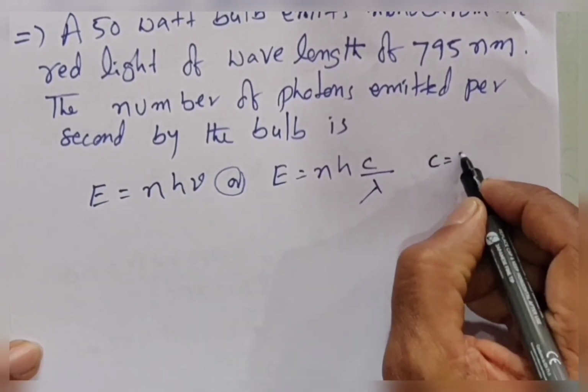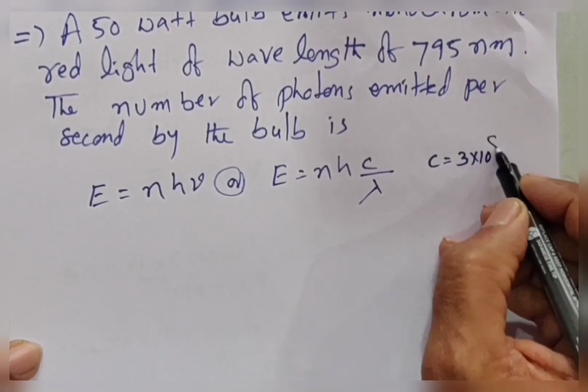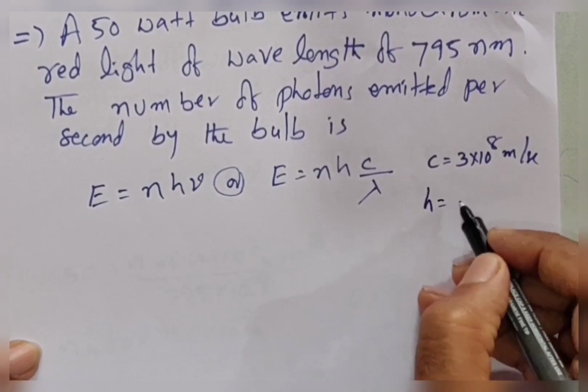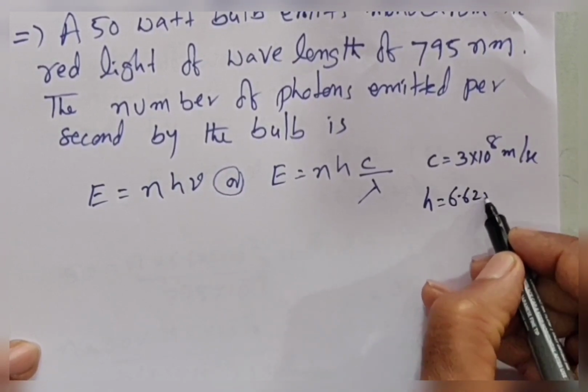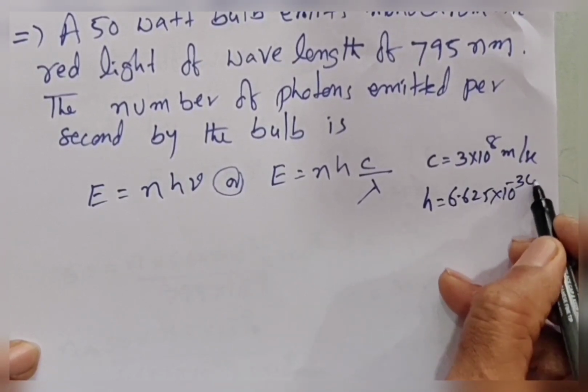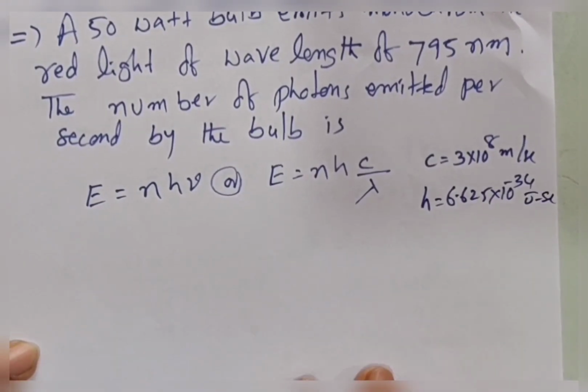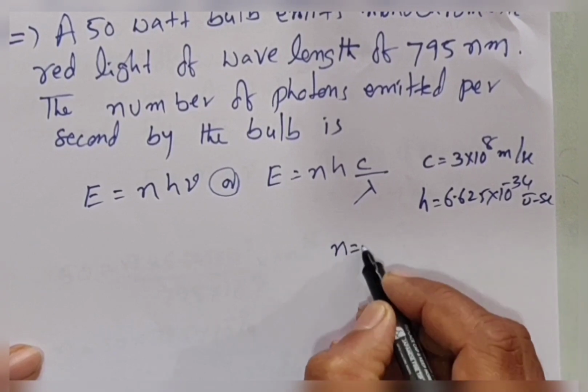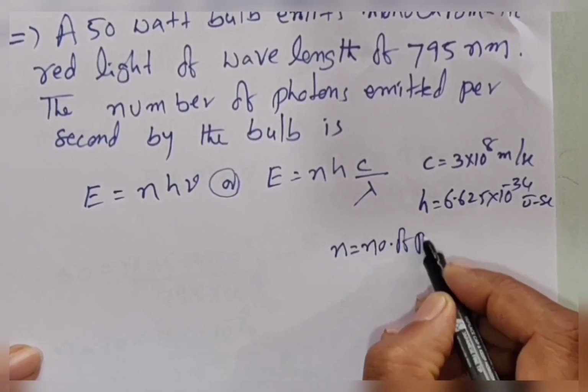Now here c is equal to 3 into 10 power 8 meter per second. Then h is Planck's constant, 6.625 into 10 power minus 34 joule second. And n is equal to the number of photons.